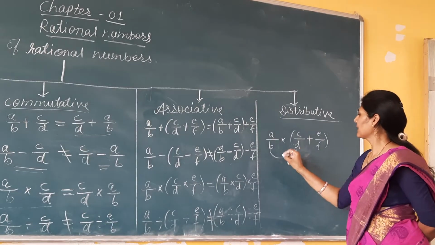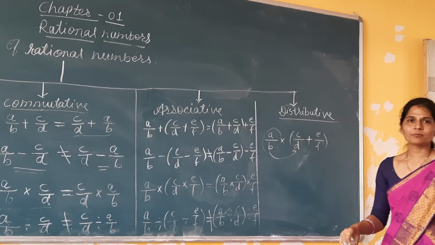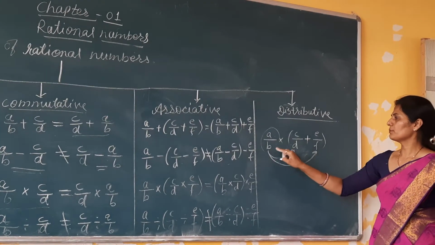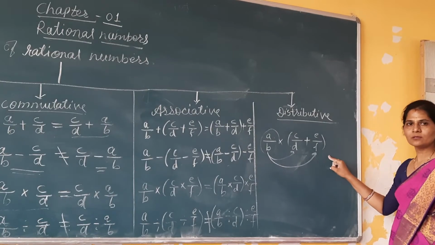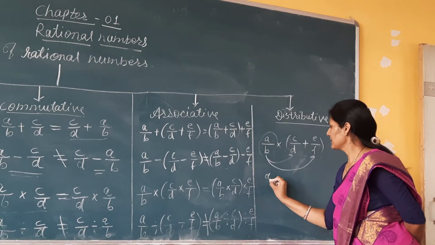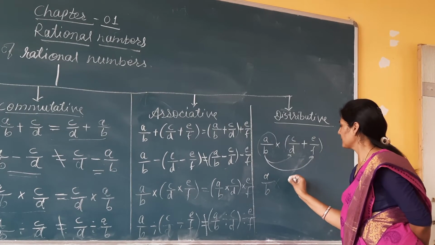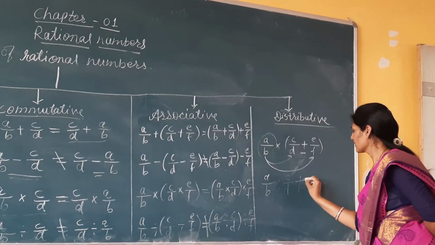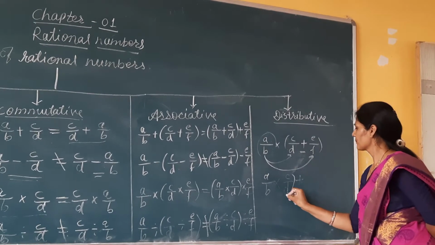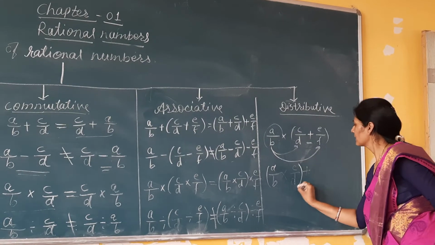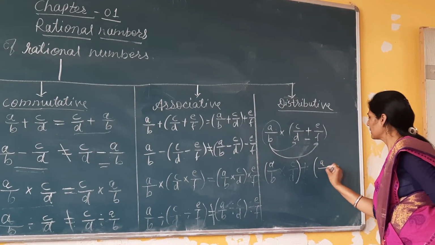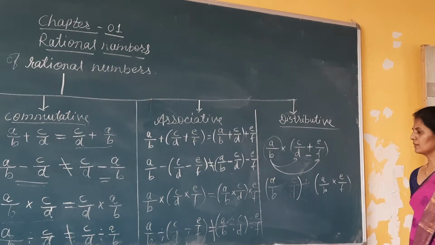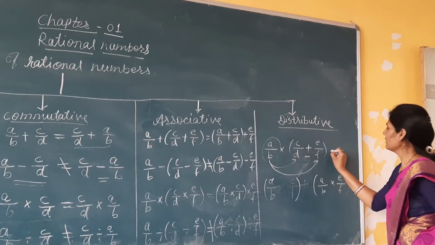So we can multiply this rational number A upon B with C upon D and A upon B with E upon F. That means A upon B multiplied by C upon D, this positive sign is a must, you have to put your positive sign, then again A upon B multiplied by E upon F. And this is for addition.